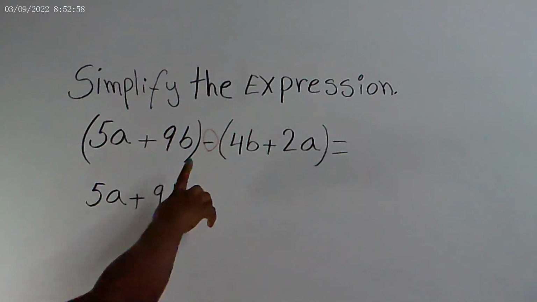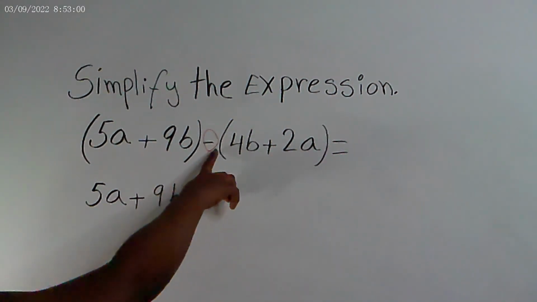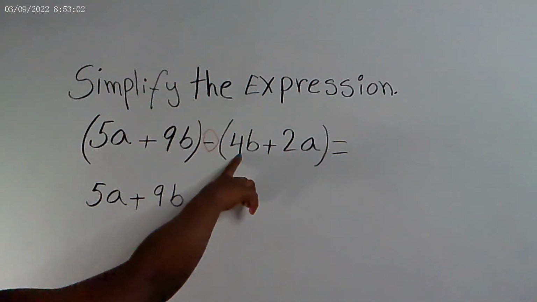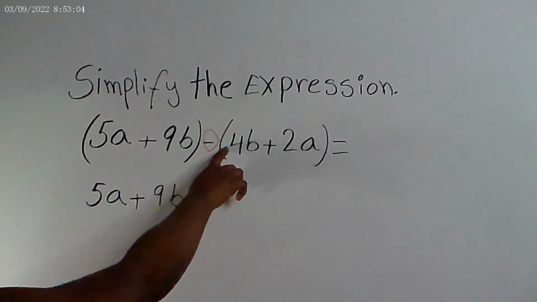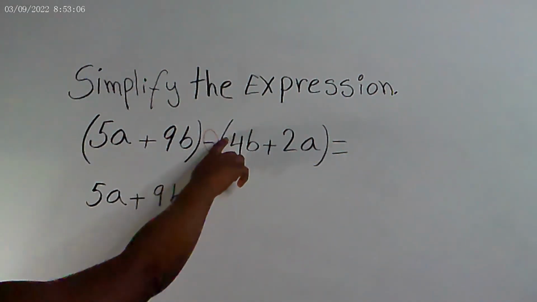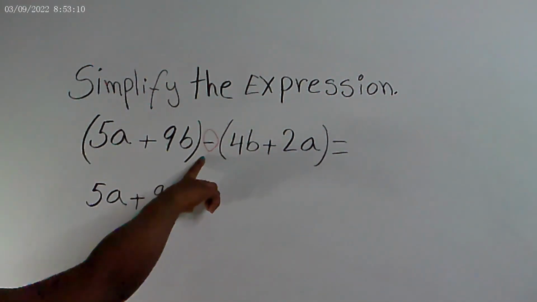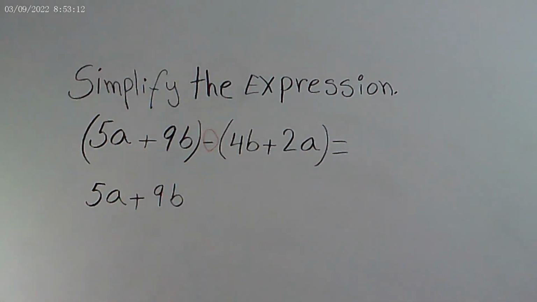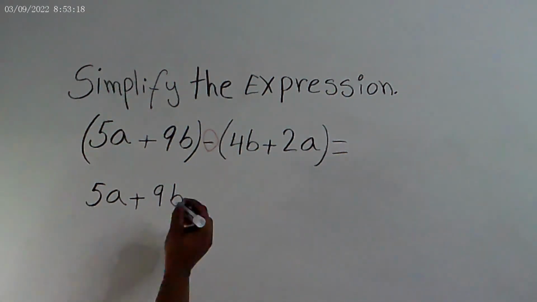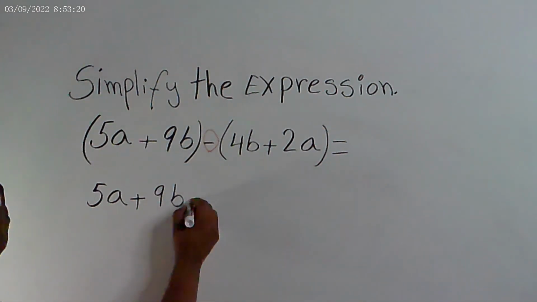Okay, so you have a minus times plus 4B. Even though you did not see the sign here, when the sign is not there, that is a plus. Okay? Minus times plus 4B gives you minus 4B, because minus times plus gives you a minus. You have a minus 4B.